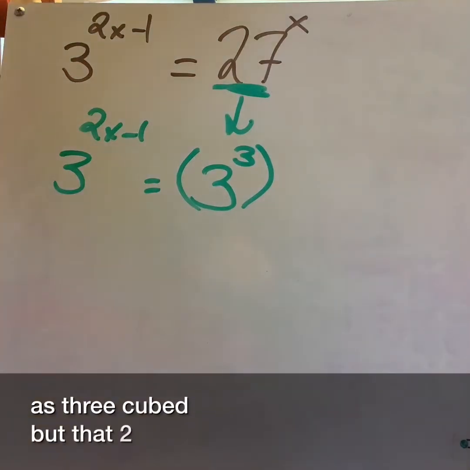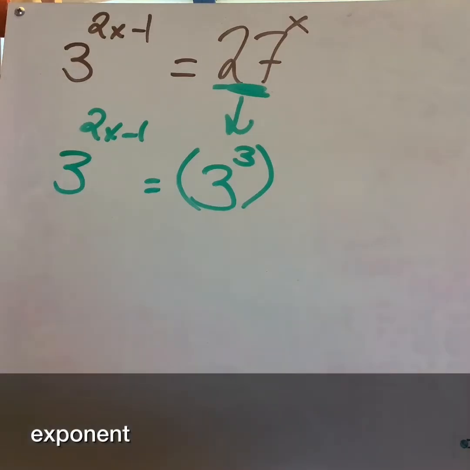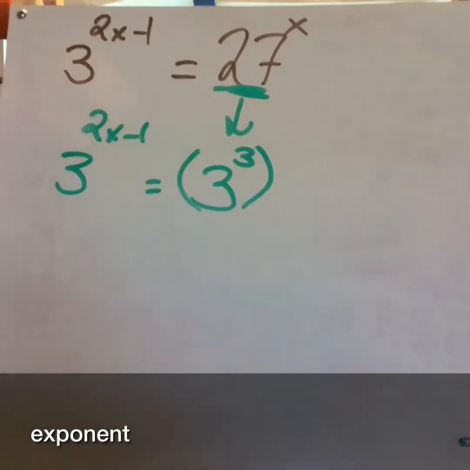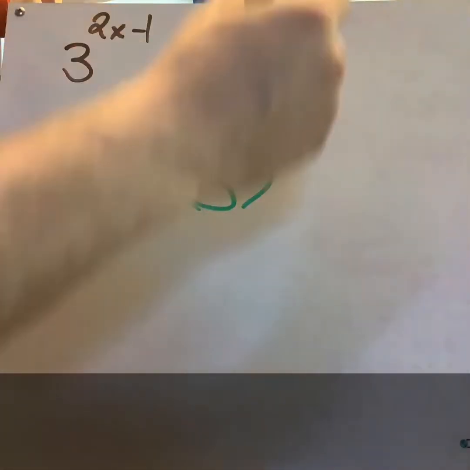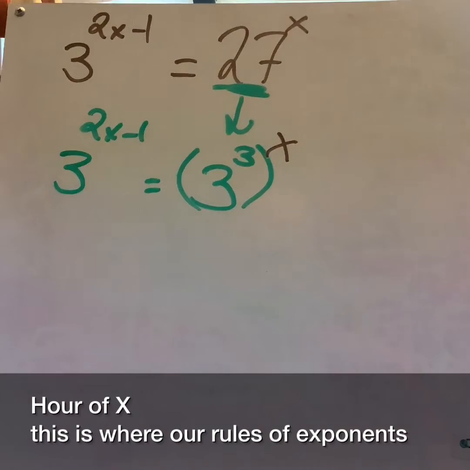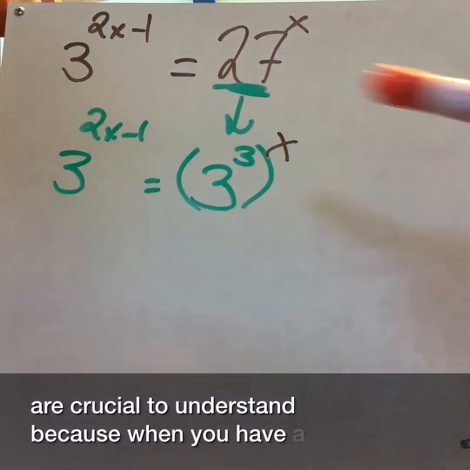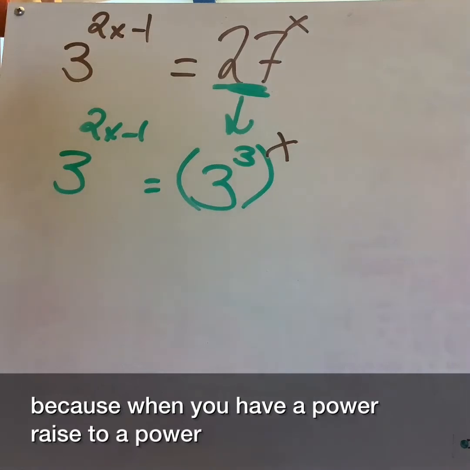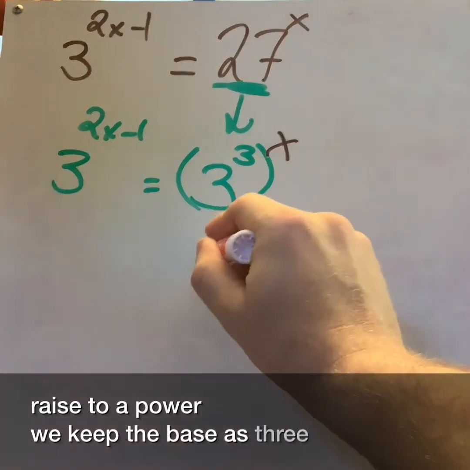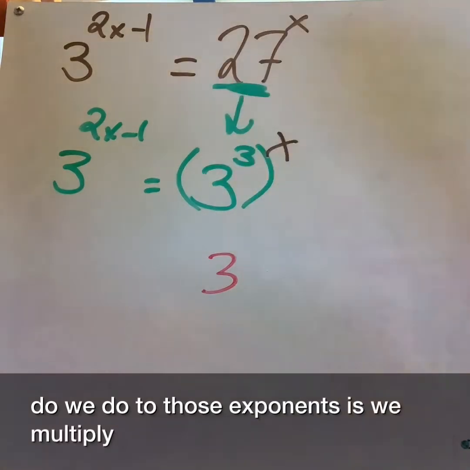But that 27 is being raised to an exponent. So this becomes 3 to the third power, which is our 27, and that's being raised to the power of x. This is where our rules of exponents are crucial to understand, because when you have a power raised to a power, we keep the base as 3, and what we do to those exponents is we multiply them.